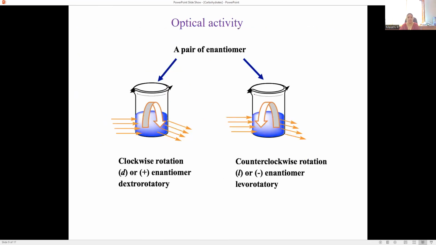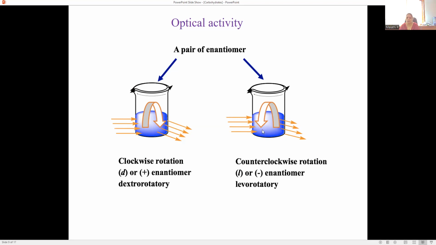Now you can see a pair of enantiomers they have taken. You can see clockwise rotation as well as counterclockwise or anti-clockwise rotation. In this beaker we are mixing dextrorotatory sugar, and in this one we are mixing levorotatory sugar, and we are passing the plane of polarized light towards the arrow mark. This arrow mark denotes the direction in which they are passing the plane of polarized light. Since we have dextrorotatory sugar, it turns the plane of polarized light towards the right side, so it is denoted as small d or plus sign.